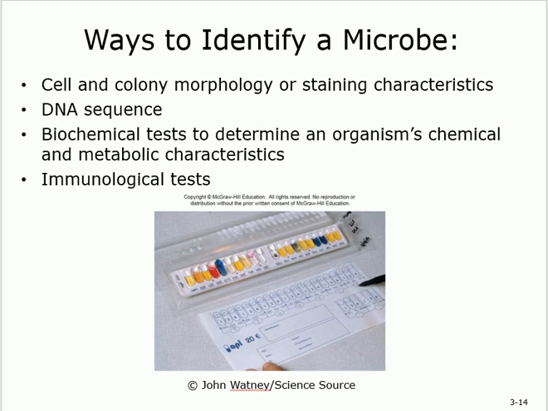The last one is to do an immunological test, where you put a treatment in a certain way and see how it is working, extract antibodies, or do an immunological test. We'll go through the details, but you need to remember these 4 ways to identify. Okay?